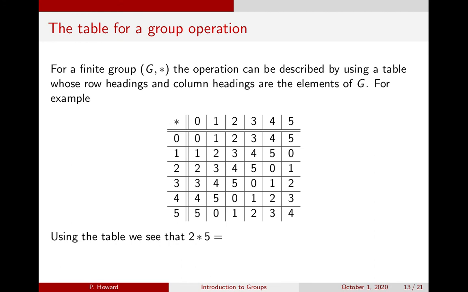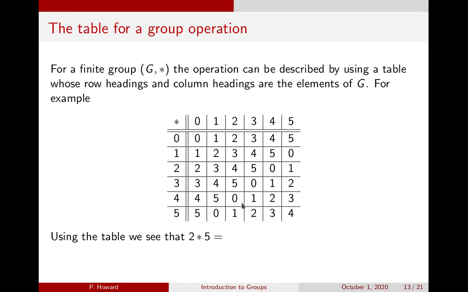So one way to describe a group is to give a table for the group operation. You may remember from elementary school seeing multiplication tables and addition tables for adding and multiplying ordinary numbers. Well, you can do the same thing in any group.